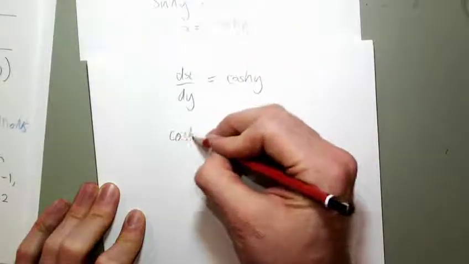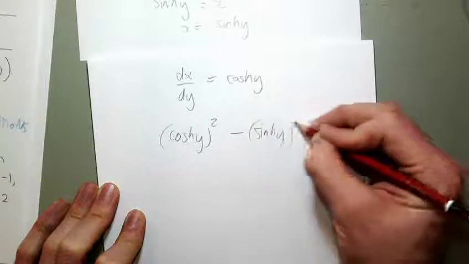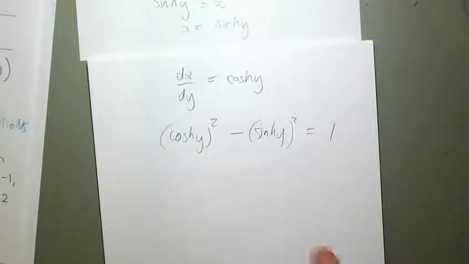I know that cosh squared y minus sinh squared y is 1. Now if this was cos and sin, there'd be a plus in the middle. But cosh and sinh have a minus in that spot. And in order that you have them the right way round, it's not sinh squared minus cosh squared. In order to have the right way round, you need them in alphabetical order.